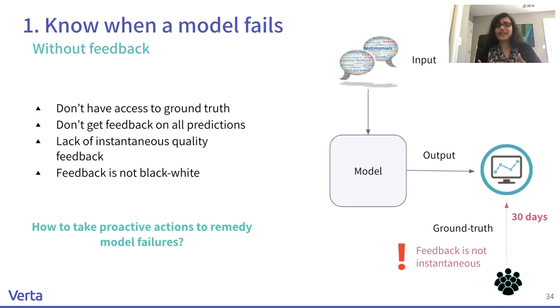Also, another layer of complexity here is feedback is not always black and white. If I classify a review as negative, that may not necessarily mean that you would feel the same way, right? So there are always those nuances, because NLP always deals with humans. So how do you avoid or remedy model failures in the absence of ground truth?